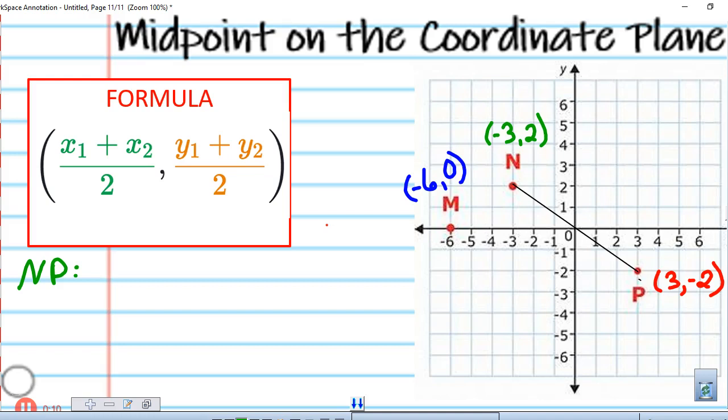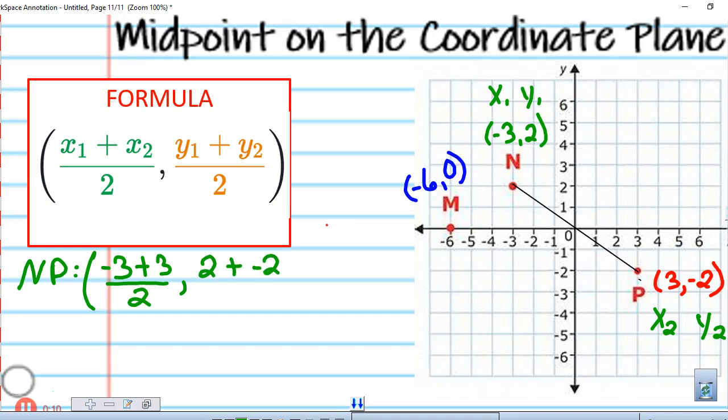Okay, it doesn't matter which one you let be point 1 and 2, as long as you're consistent. So we'll let this one be x sub 1, y sub 1, and then this one can be x sub 2, y sub 2. All right, so then we're going to plug it in, x sub 1, so that would be -3 plus x sub 2 would be 3 divided by 2. Y sub 1 is 2 plus y sub 2 is -2 divided by 2.